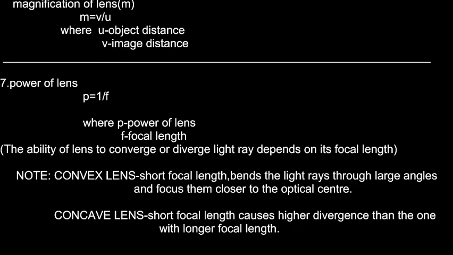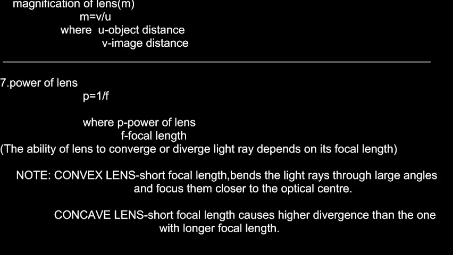That means it is the reciprocal. As f is in the denominator, as the focal length increases, power becomes less. If focal length decreases, then power becomes more. Here P represents the power of the lens and f is the focal length.